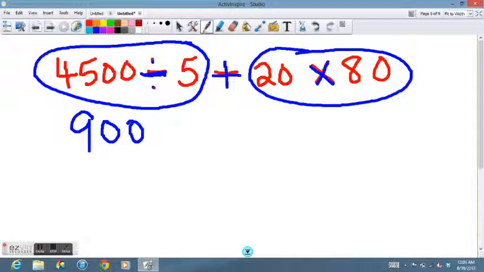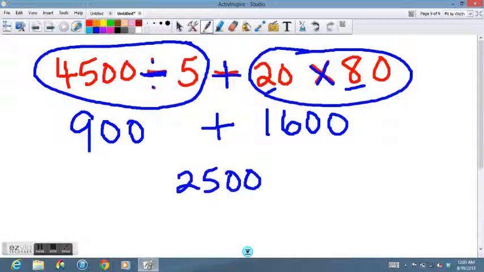Okay, bring down your plus sign. And now we're going to multiply 20 times 80. 2 times 8 is 16. And tag 2 zeros. Alright, so I've done all my multiplication and division. Now I can do my addition. So I have 900 plus 1600. That's 2,500.